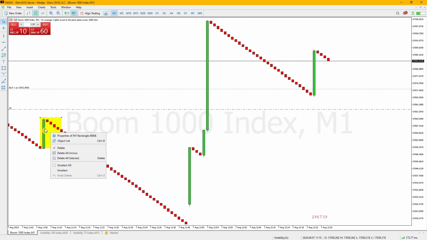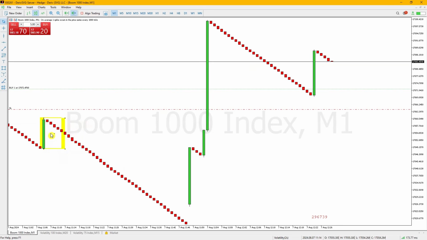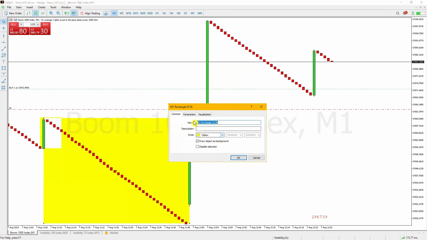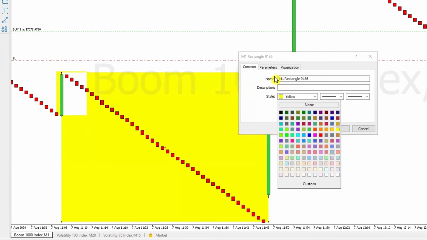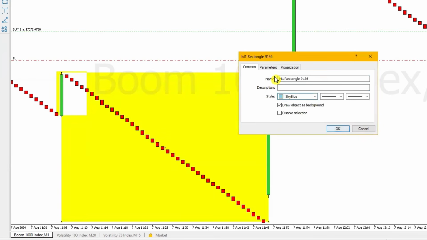Let me just duplicate this. Notice what happened after that. The next series of candles, let me use a different color for this. Let me use this blue.